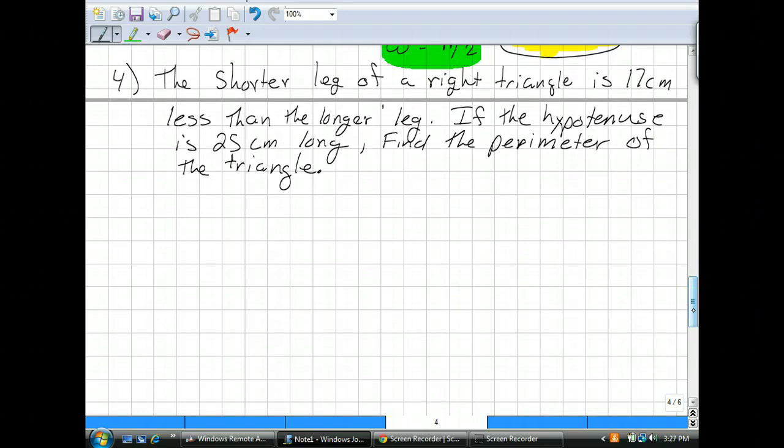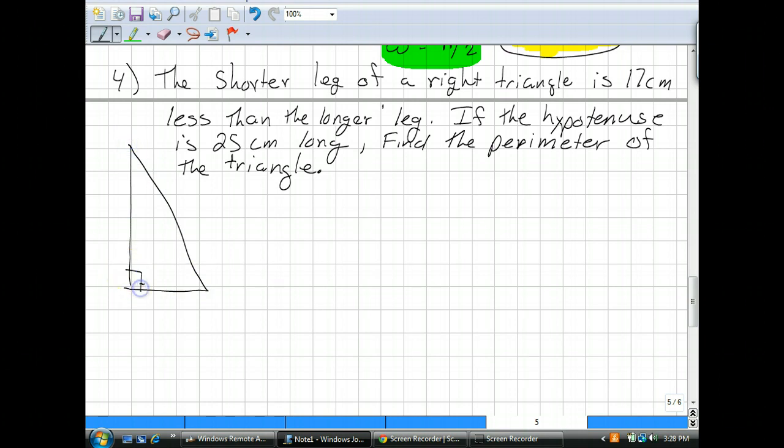The shorter leg of a right triangle is 17 centimeters less than the longer leg. If the hypotenuse is 25 centimeters long, find the perimeter of the triangle. So again, our first step is to draw the picture. So we want to draw a right triangle.